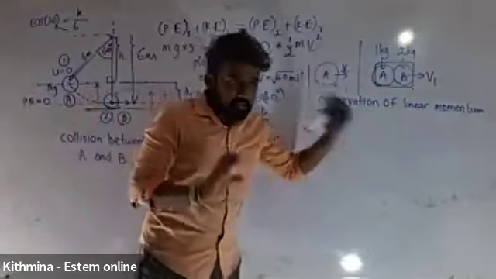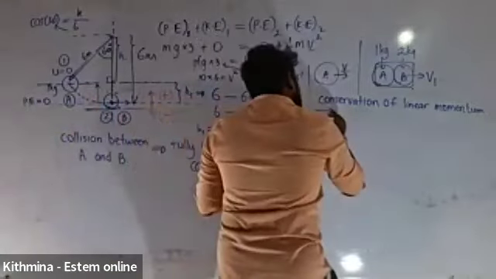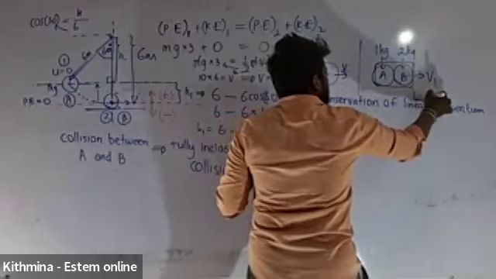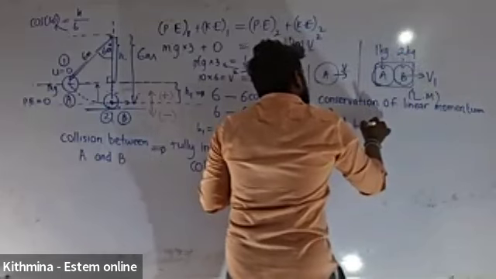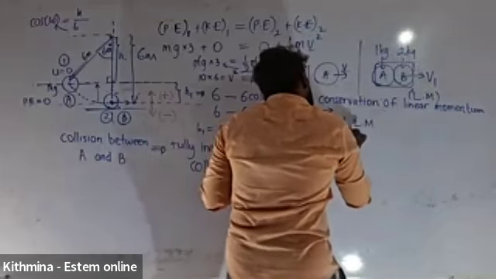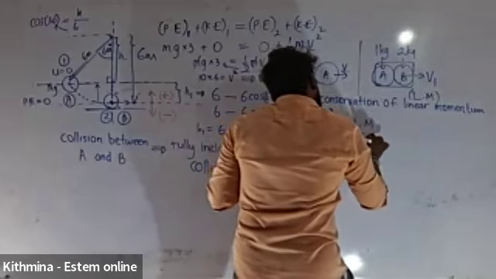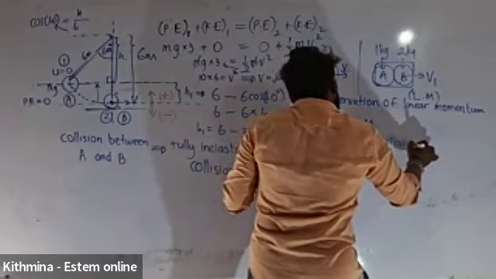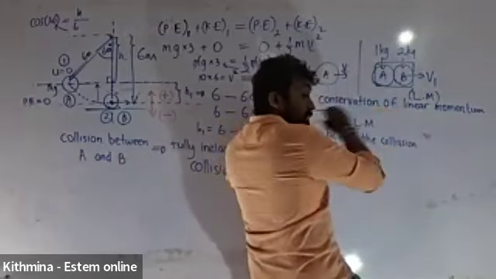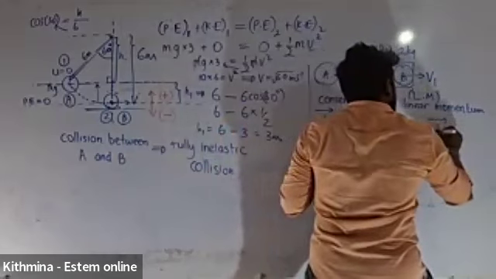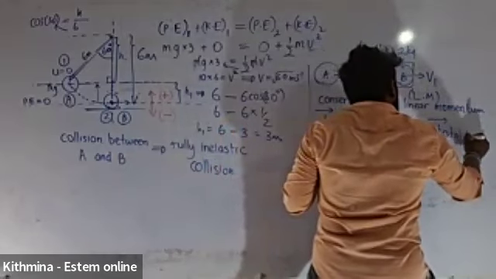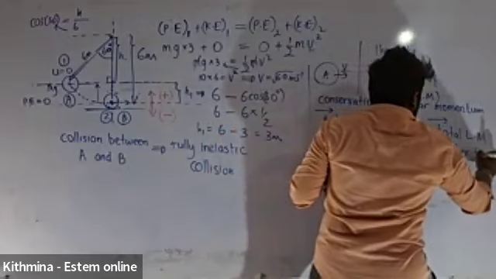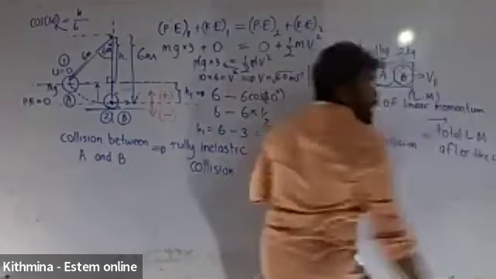Conservation of linear momentum means total linear momentum before the collision equals, in the same direction here also, total linear momentum after the collision.